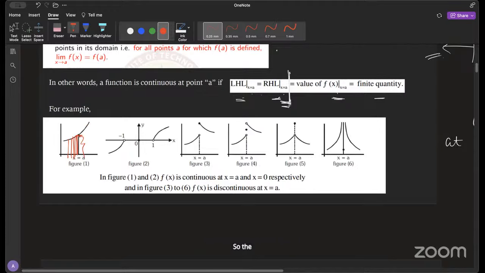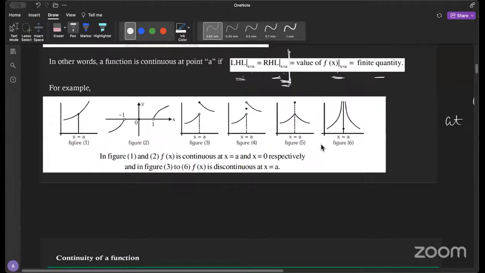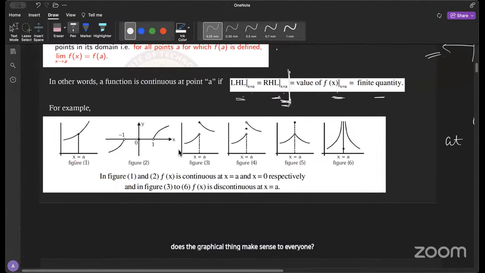So the height tends to this height that I've marked here from both sides, and your function's value is also this height only. Is this fine? Does the graphical thing make sense to everyone? Yes, ma'am. Okay.